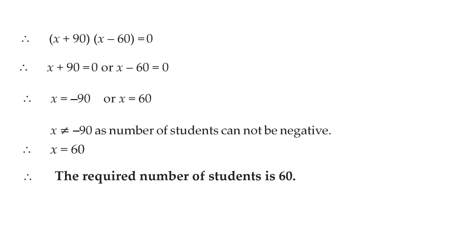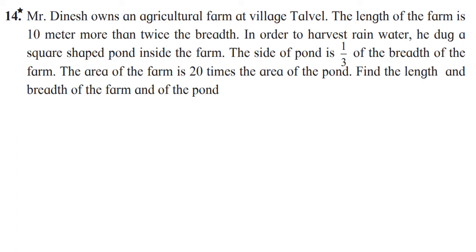Let's go further now towards the next question. Question number 14 here. Mr. Dinesh owns an agriculture farm at village Talwel. The length of the farm is 10 meter more than twice the breadth.